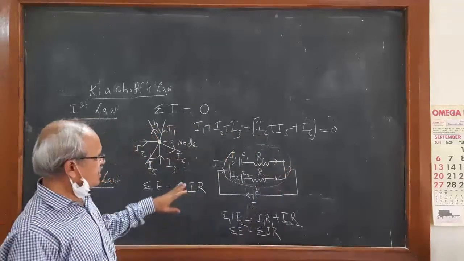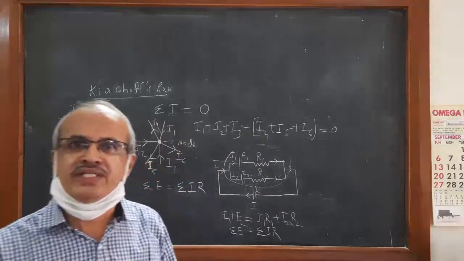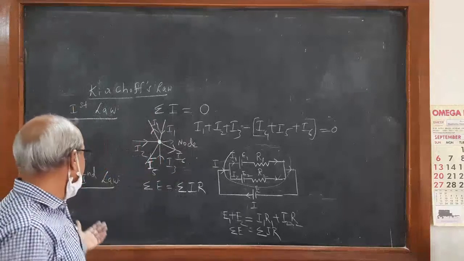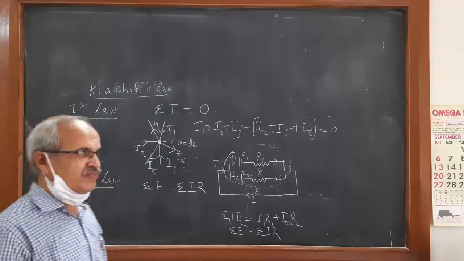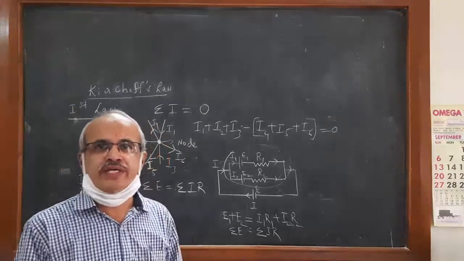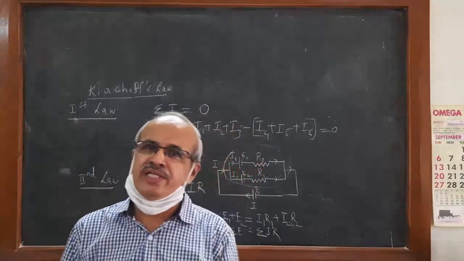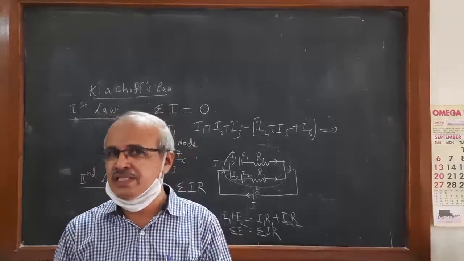Like this you can take a second one. You can study and analyze complicated circuits properly. So this is the first law, second law, Kirchhoff's law. Then, going further, you have to study the balance condition for an electrical network.